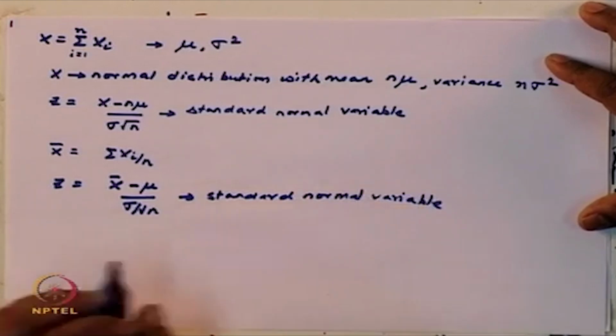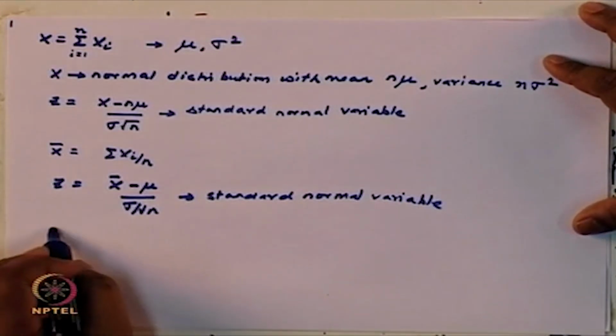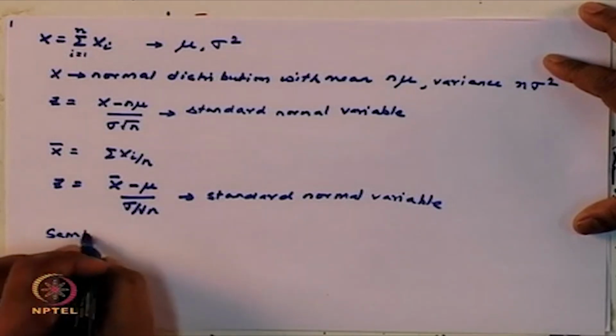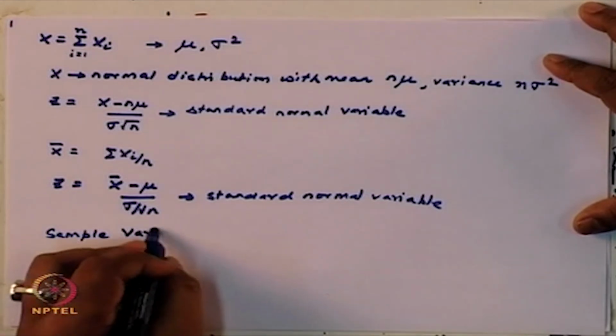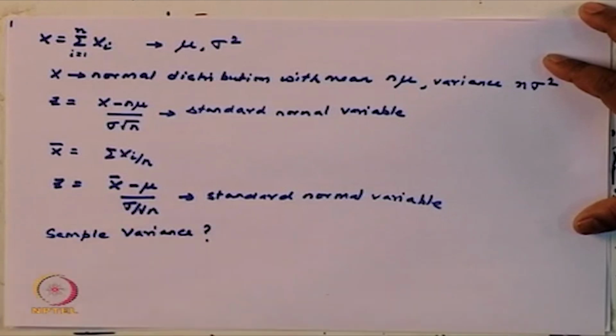Now, what can we say about the sample variance as another metric? How do we define the sample variance?